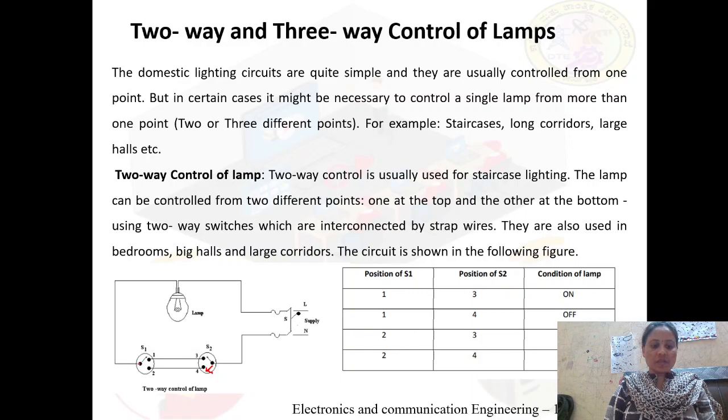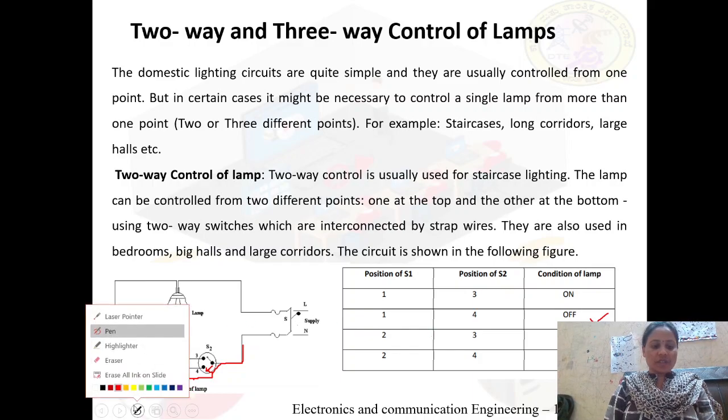Here S1 is pointing to 1, this neutral point will be connected like this, and there is an open at switch 1. Therefore, the current will not flow and the lamp will be off.